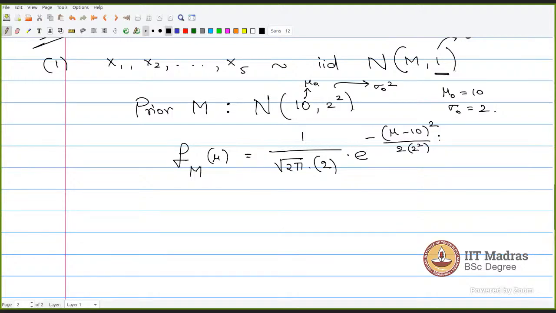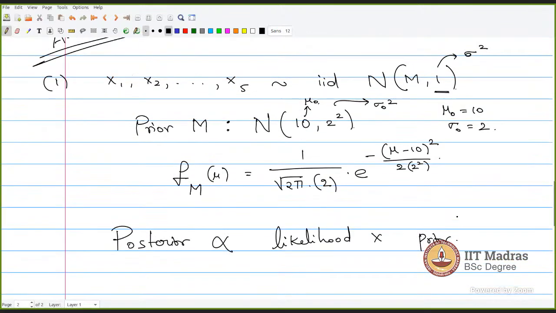Now, what is the question? The question is to find the posterior mean of m using normal(10, 2 square). What will be the posterior? The formula is lengthy. The posterior will be likelihood times prior. The likelihood involves every item minus mu, squared and summed, as the power of the exponential.